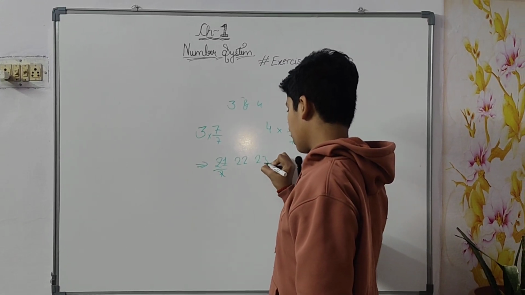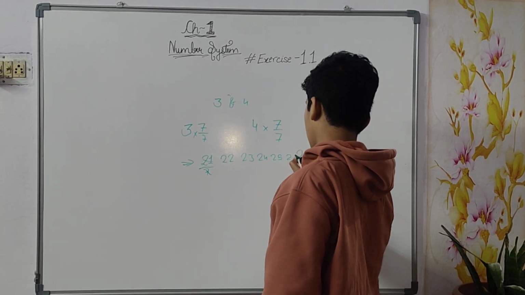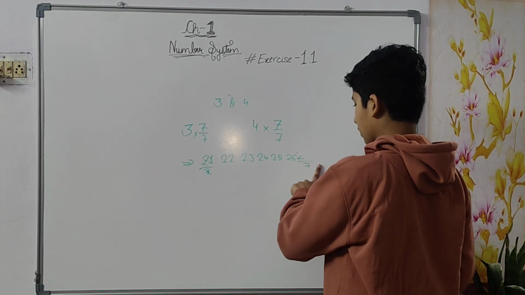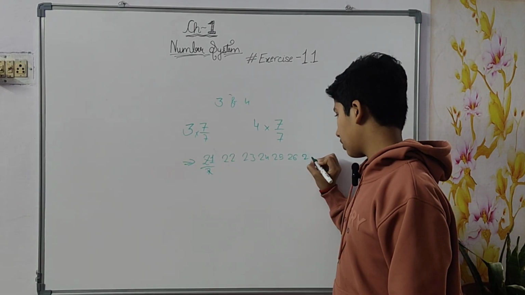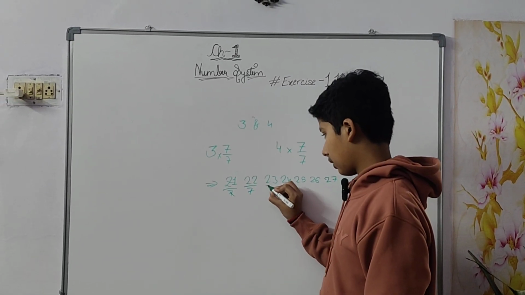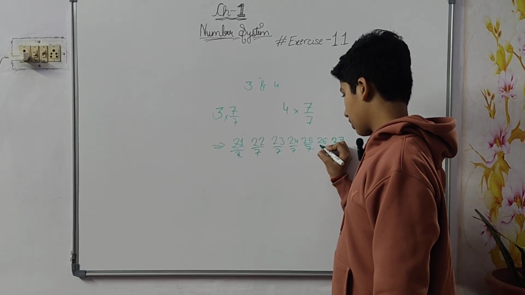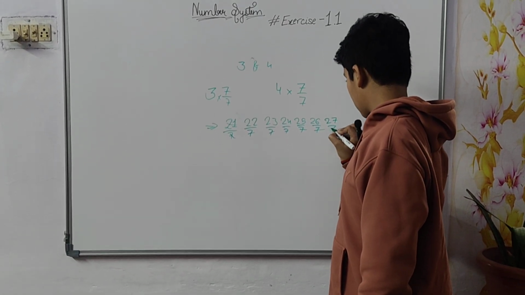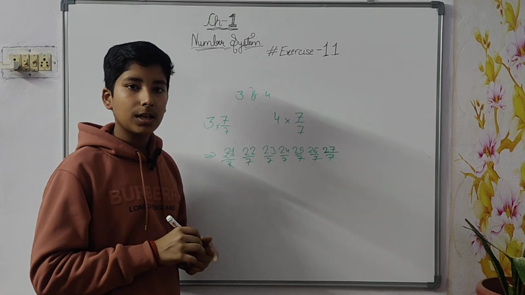So there are total 6 rational numbers: 22, 23, 24, 25, 26, and 27, all of them upon 7. So now these are total 6 rational numbers.